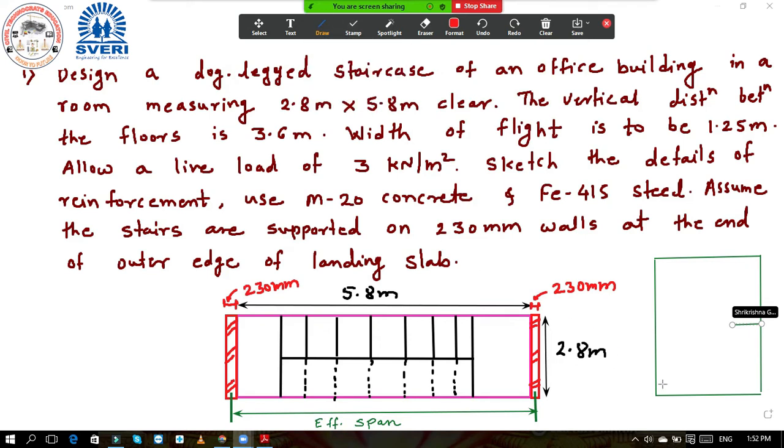This is our single flight, and this is the next flight. These are the two flights.